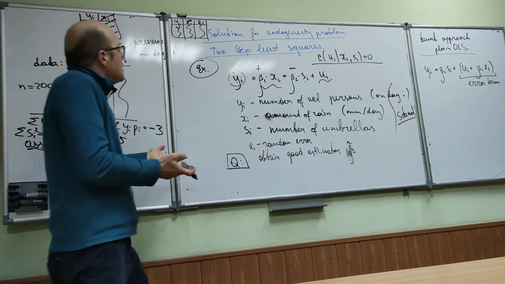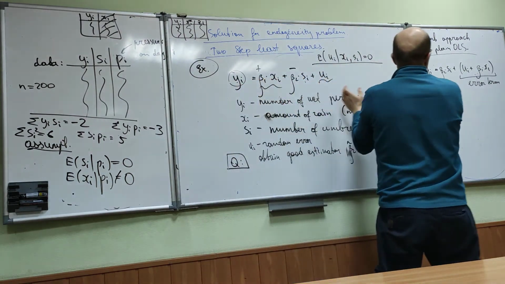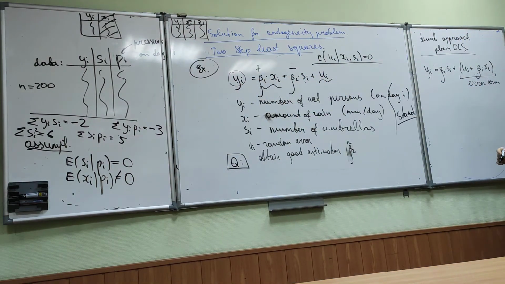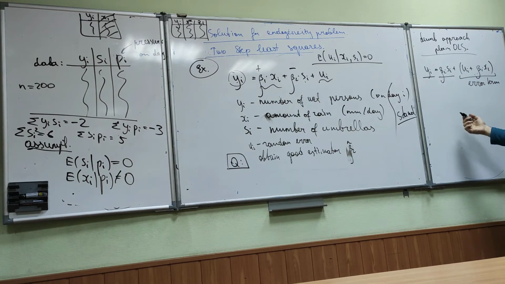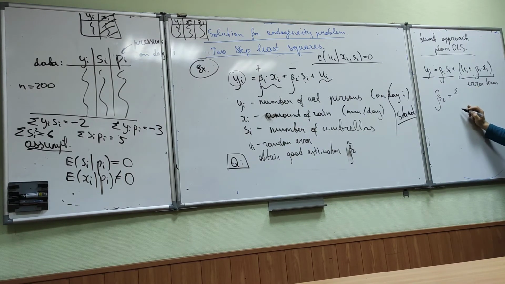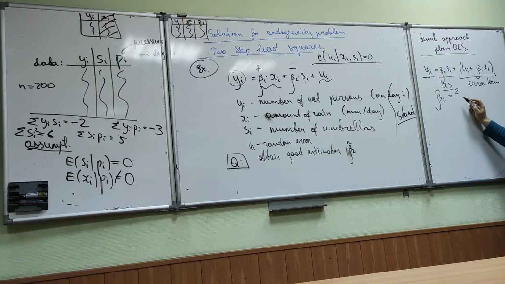You have no data on X, so just call these two terms the error term, and so you have one dependent variable, one predictor. So it seems from the first point of view that we need beta 2 like the sum of, who remembers the plain OLS formula? Sum of what in the numerator, in the denominator?